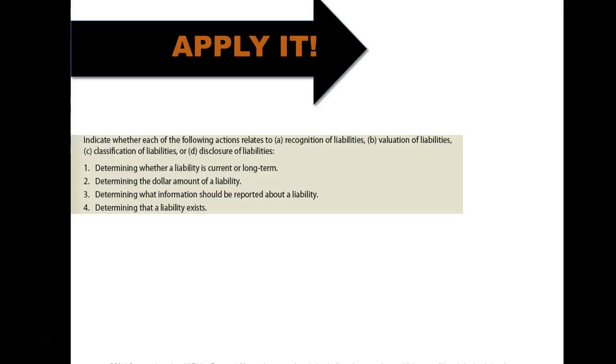Where. Determining the dollar amount of a liability: valuation. Determining what information should be reported about a liability: disclosure. Determining that a liability exists: recognition. Okay?